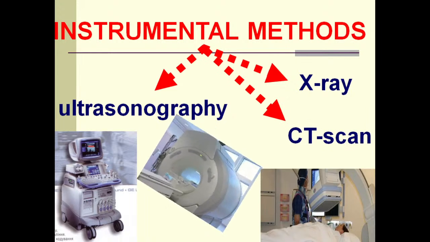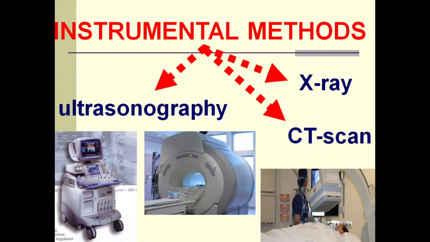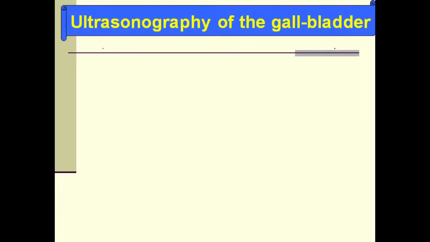CT scan is rarely used for diagnosis of the gallbladder, only in case of new growth, which is also rarely located in the gallbladder. As with any organ, together with the examined organ, we can see surrounding organs to check metastasis.